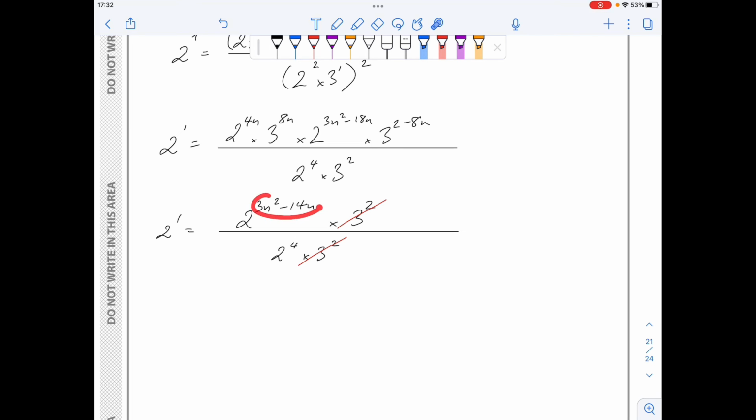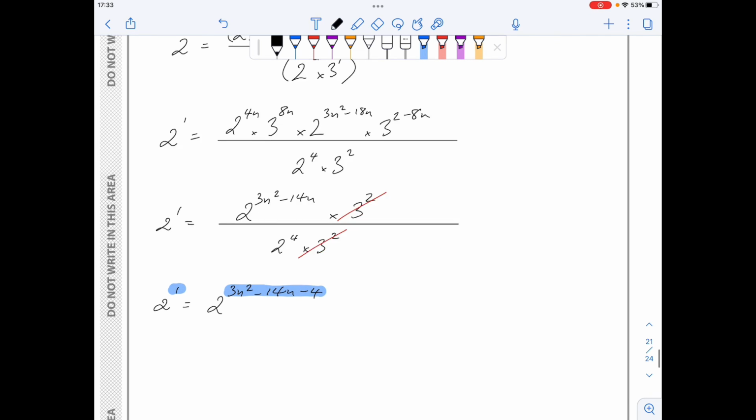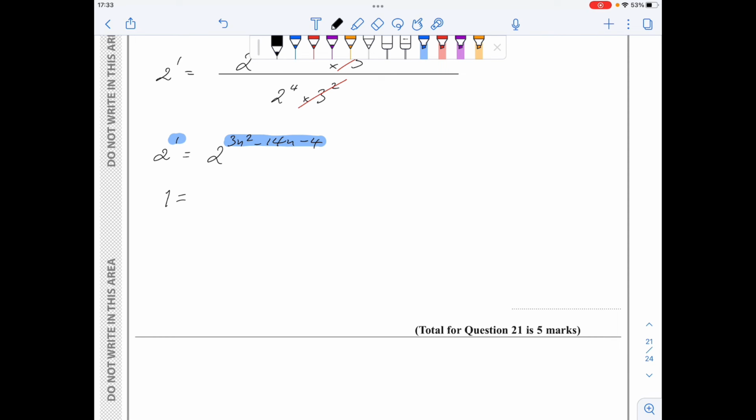Because I have division, I can subtract these powers. So 2 to the power of 1 is equal to 2 to the power of 3n squared minus 14n minus 4. And now, because I have 2 to a power equals 2 to another power, I can equate the two powers. So 1 equals 3n squared minus 14n minus 4.